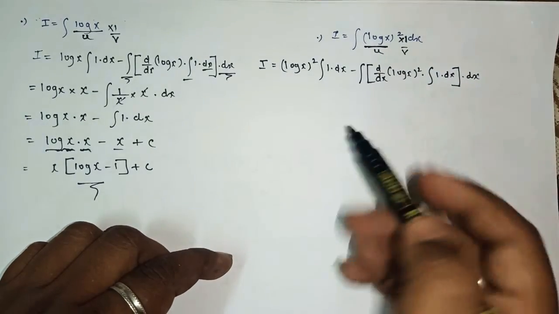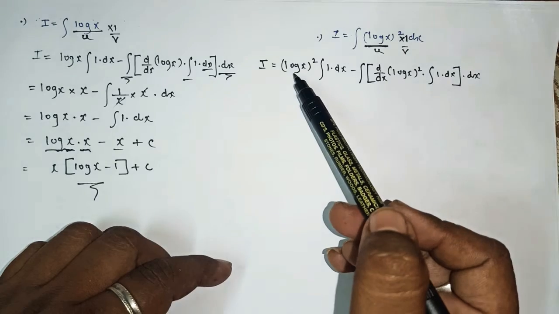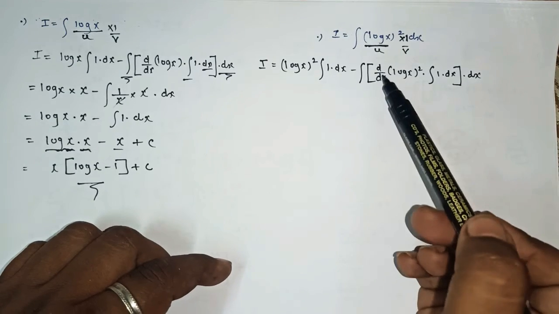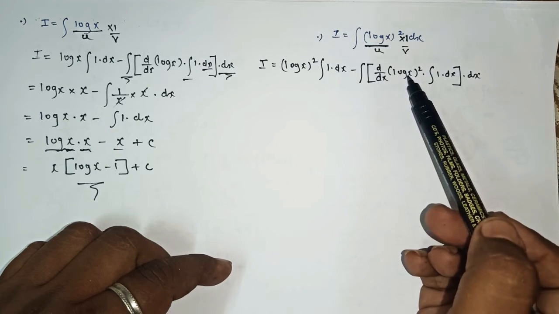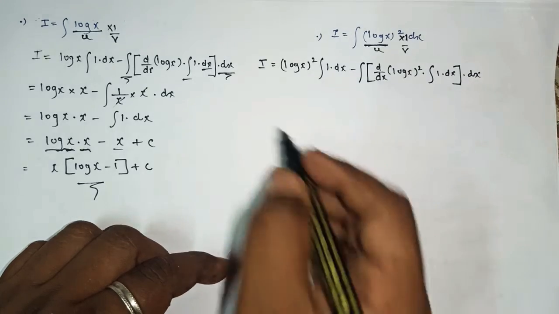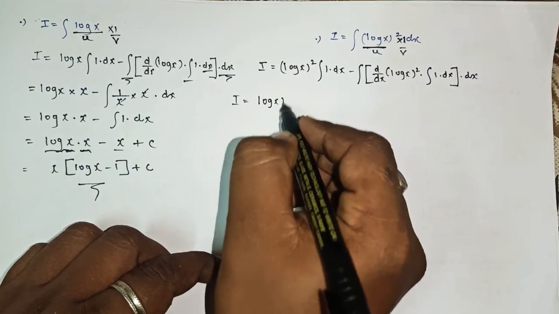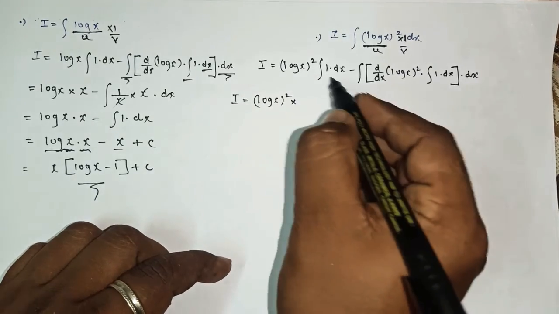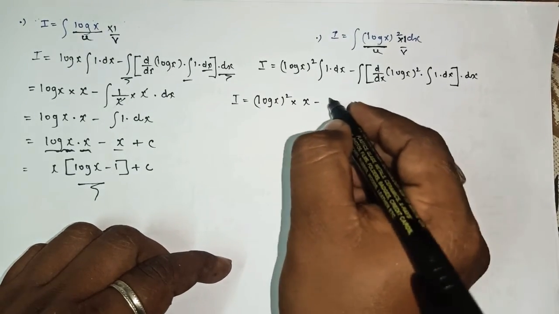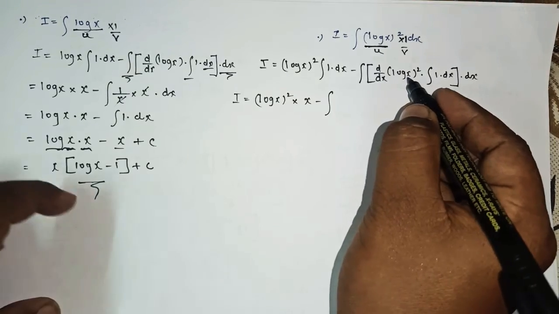What I did here is apply the formula, that is u into integration of v minus integration of derivative of u into integration of v into dx. Then further I equals, we'll keep this part as it is. We know that integration of 1 is x, and then the derivative of log x the whole square.